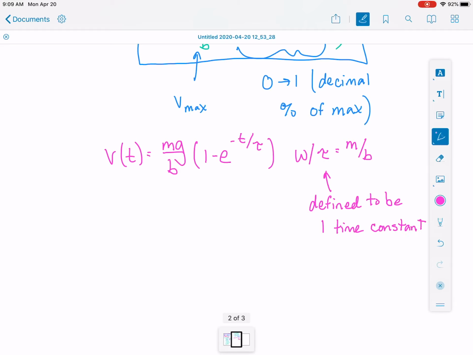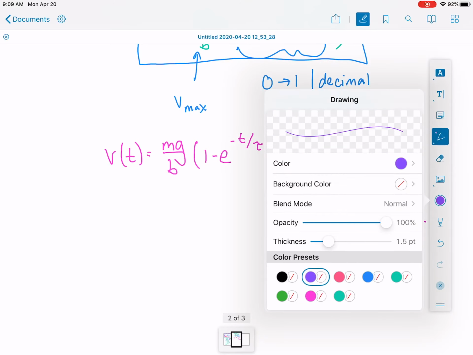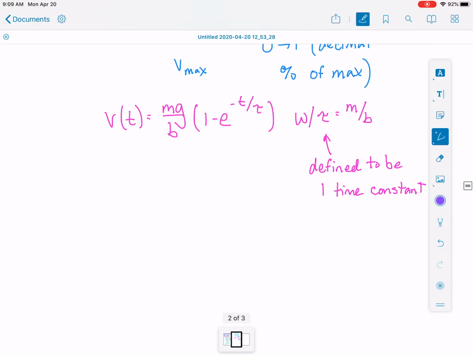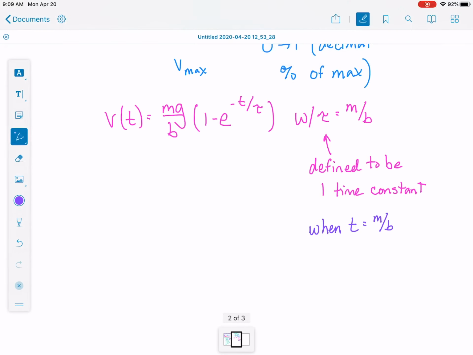So if we have t equal to m over b, so when t equals m over b, you get 1 minus e to negative 1, which is 0.632.